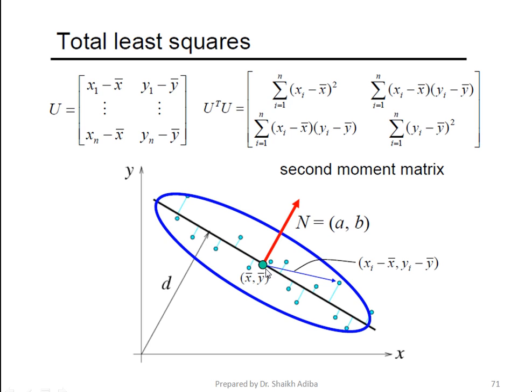Now look here, the difference between least square and total least square is that we take the mean of the x and y values. We take the mean of all of the data points, and we take x bar and y bar as the coordinate values of that mean.